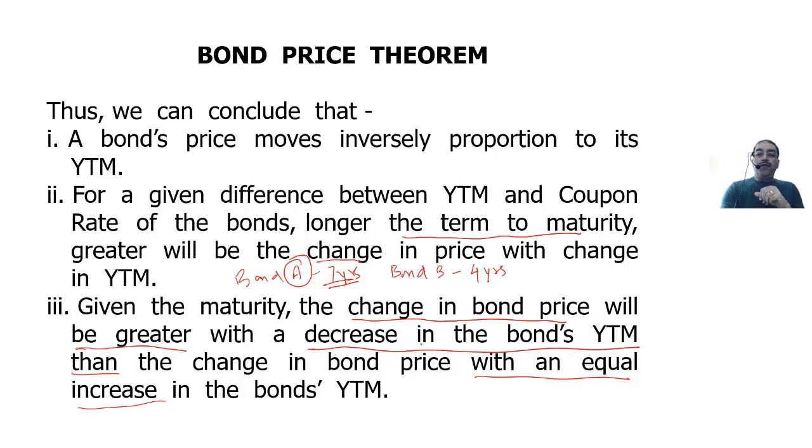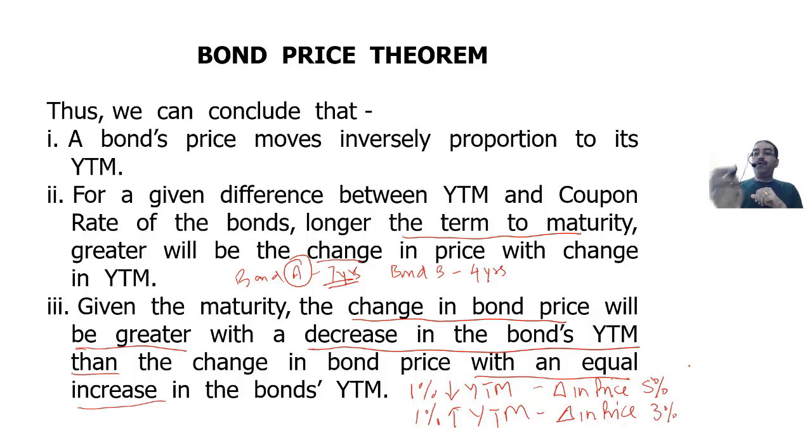If a 1% decrease in YTM brings about a change in price of say 5%, then the same 1% increase in the YTM of the bond will result in a change in price, but maybe only by 3% or 4%, not 5%.